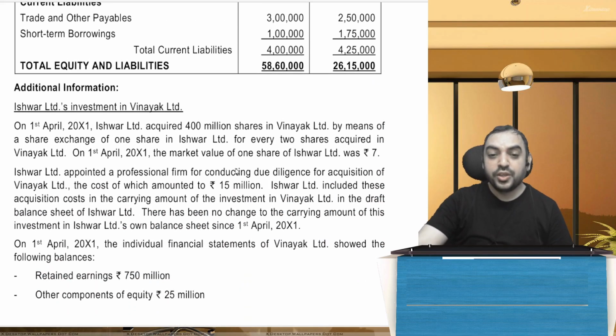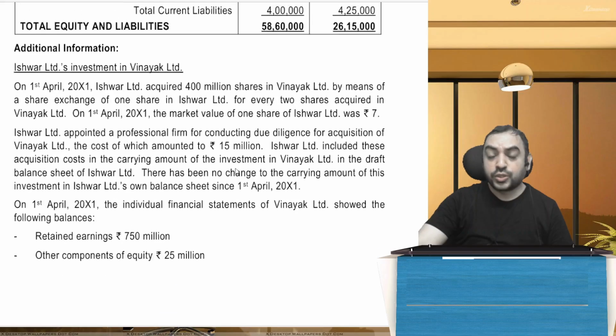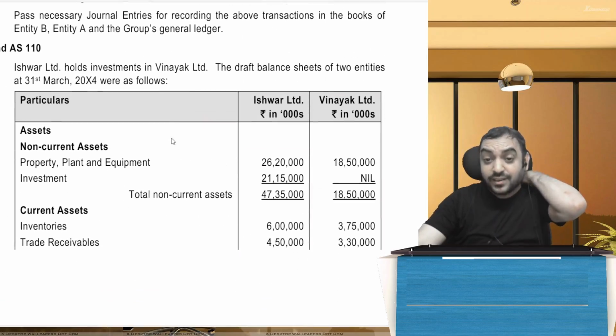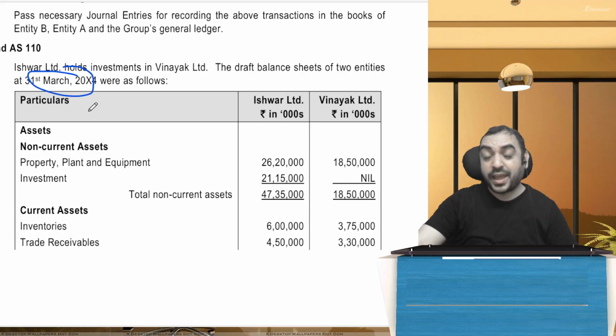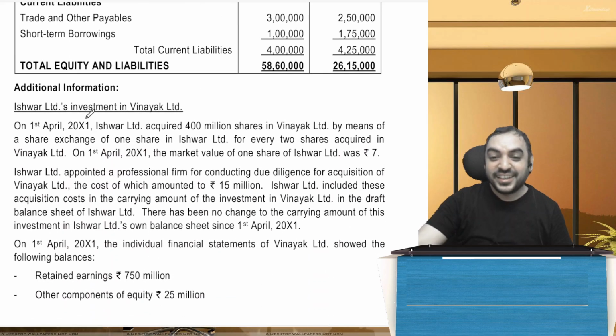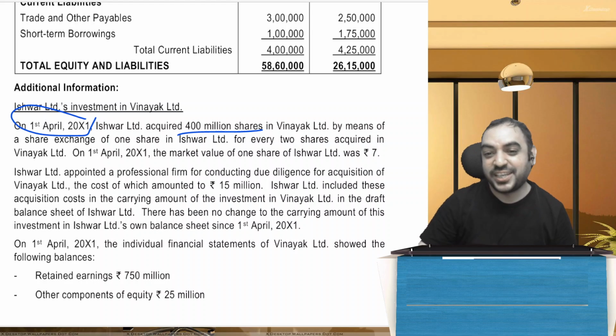Additional information: on 1st of April 2001, and this balance sheet is on 31st March 2004. So 3 years back. Important point, 3 years back. They have acquired 400 million shares.